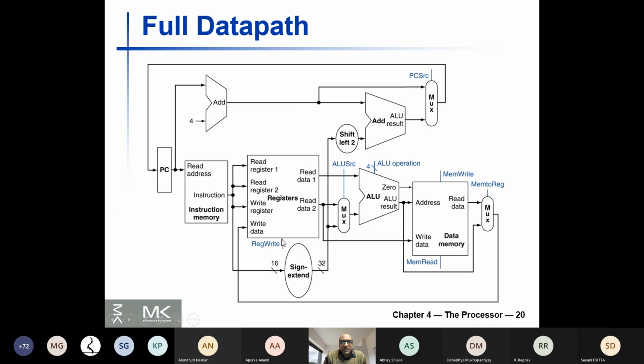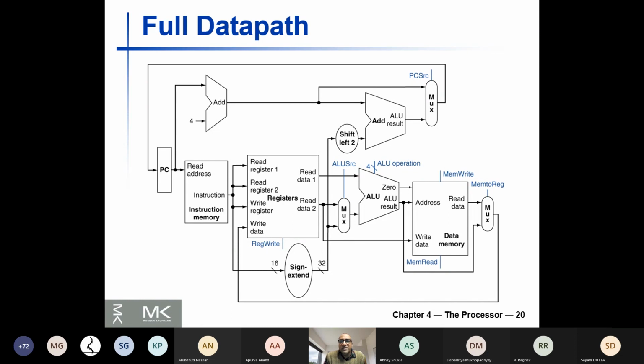If you look here, the control signals involved are, first, there is one control signal which is register write. It means that whenever it is high, the register is written. And here again, these are the multiplexers, where multiple signals are to be fed to a single input.